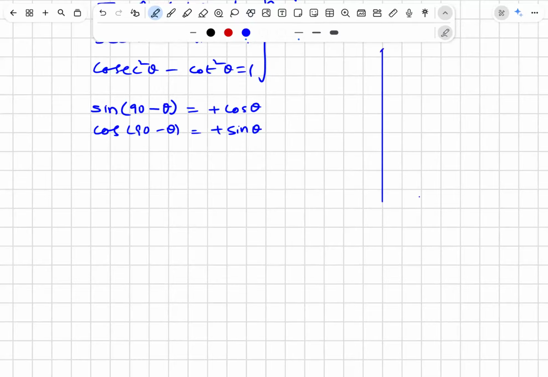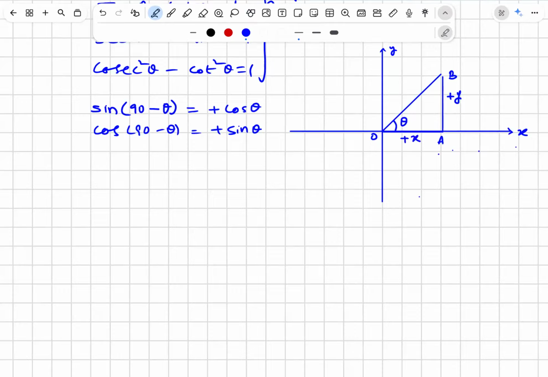Y-axis, x-axis, right. This is a plus y.